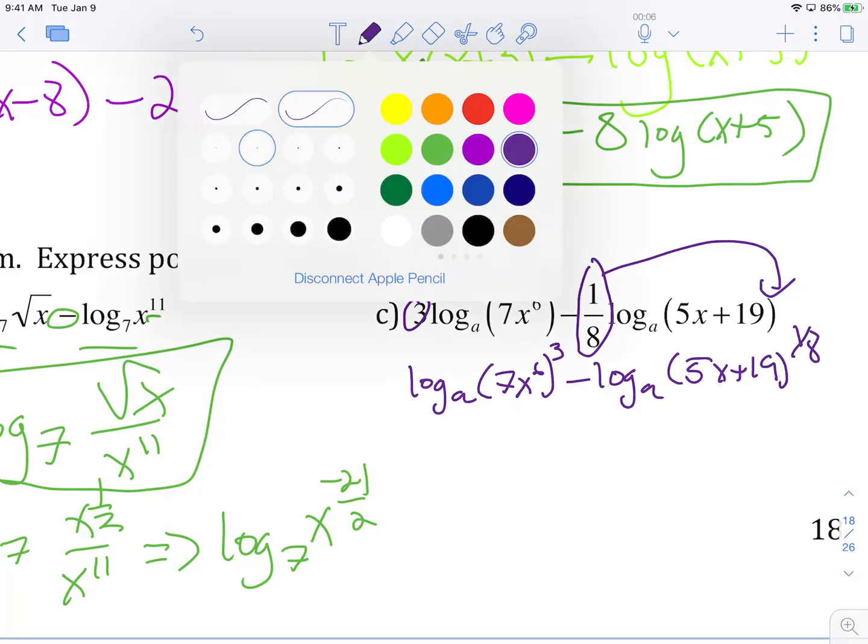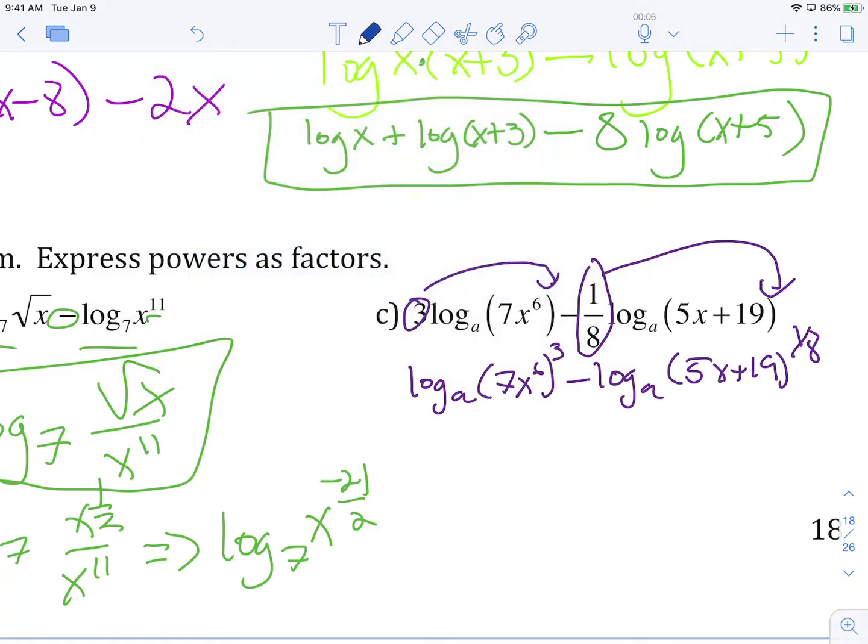And now we recognize subtraction, recognize the same base, so I can rewrite it as a single logarithm. It's going to be a little complicated, but again, you're following the steps, so just have confidence in your abilities and know that you're doing it right.